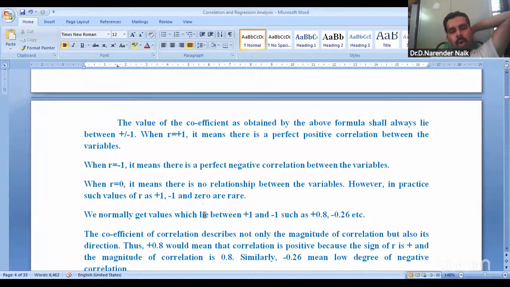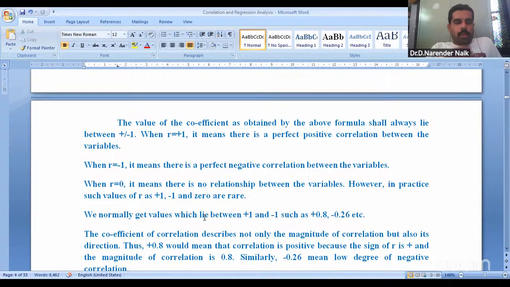The value of the coefficient obtained by the above formula shall always lie between plus or minus 1. When r is equal to plus 1, it means there is a perfect positive correlation between the variables. When r is equal to minus 1, there is a perfect negative correlation.